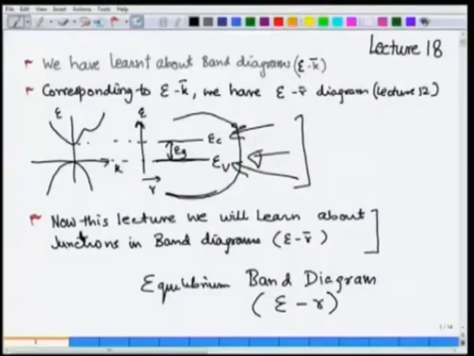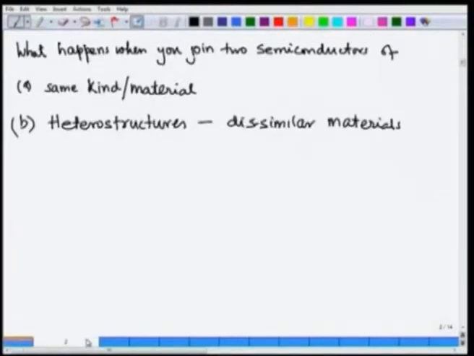To further refine what I am talking about, let us look at what we are going to do in this lecture. The question we will answer is, what happens when you join two semiconductors of the same kind or material? An example, as I have already mentioned, would be silicon, except that one is N type silicon and the other is P type silicon, but nonetheless the material is the same.